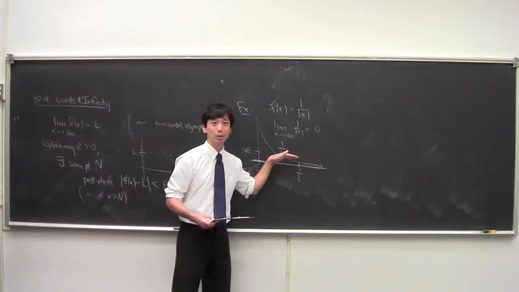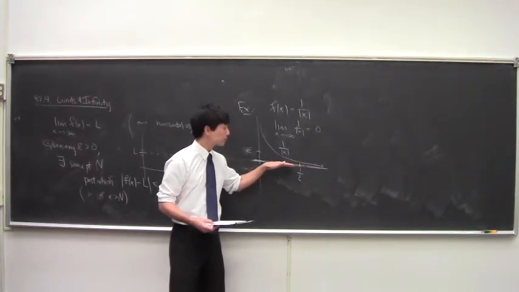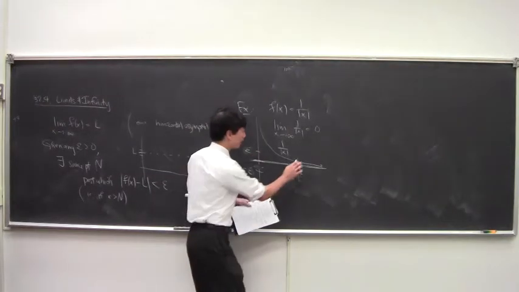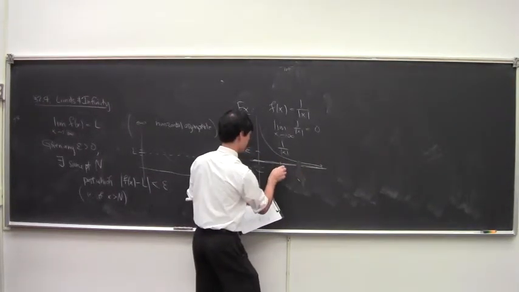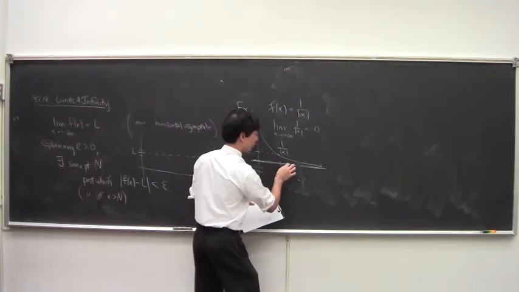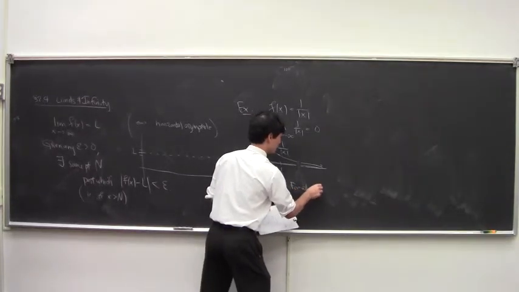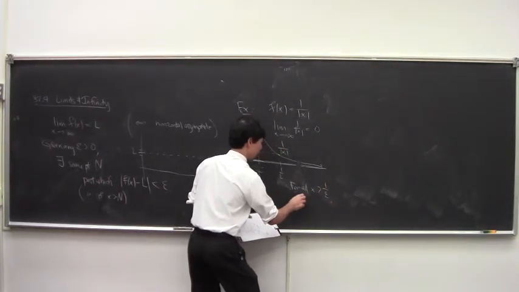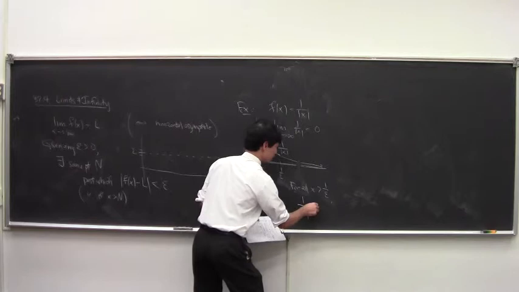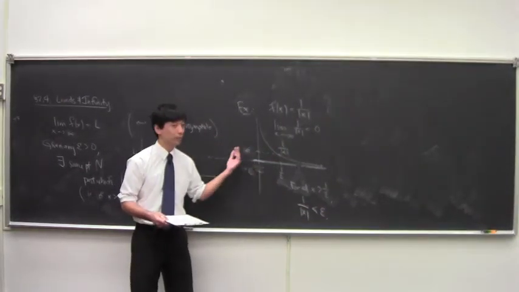Past that point, I'm always closer than that to 0. So actually, my 1 over epsilon is here, because that's where I hit that value. And past that point, for all x bigger than 1 over epsilon, 1 over the absolute value of x is smaller than epsilon. Just like before.